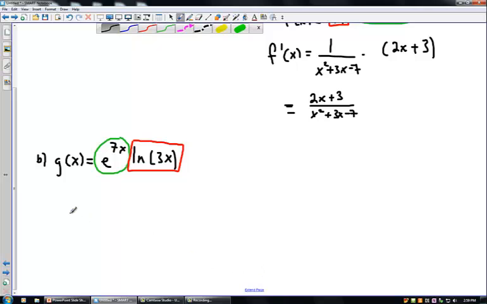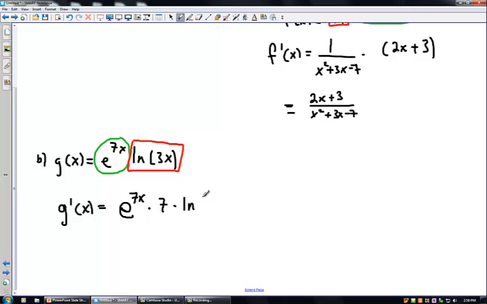So g prime of x is equal to the derivative of the first, the derivative of e is e, so e to the 7x, with a chain rule, times the derivative of the inside, so times the 7, and then times the second function, ln of 3x, plus, again, this is a product rule we're using, the first function, e to the 7x.